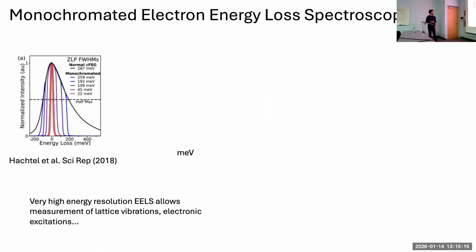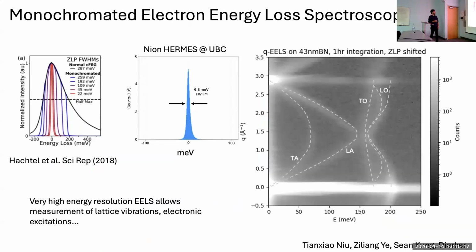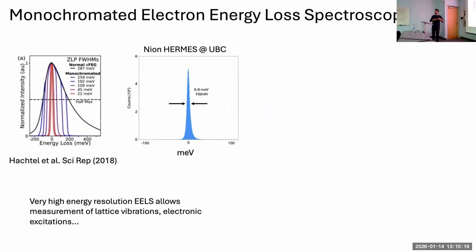However, here at UBC, we have a microscope that now also has monochromated capabilities, meaning we can sort the electron beam and create a fine electron beam in terms of energy resolution. This is data taken downstairs with about 7 milli-electron volt energy resolution. In contrast, 300 milli-electron volts is much wider than this plot over here.